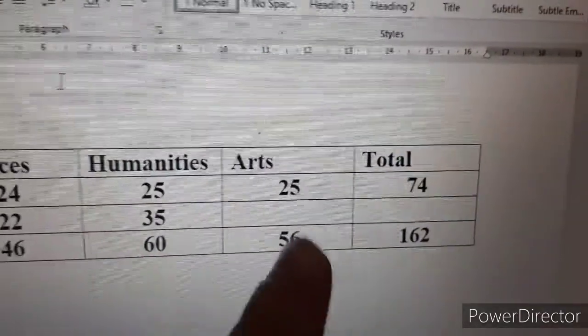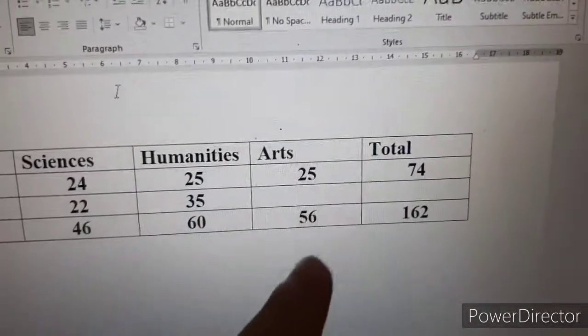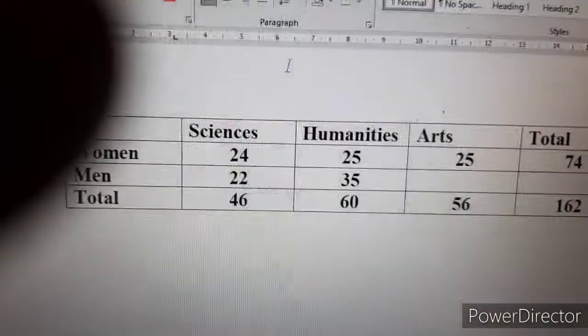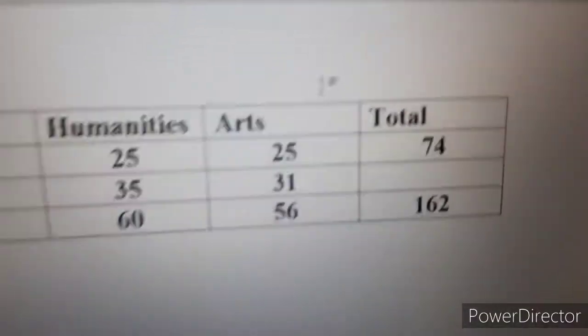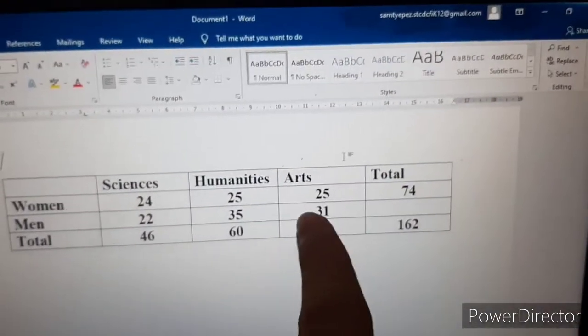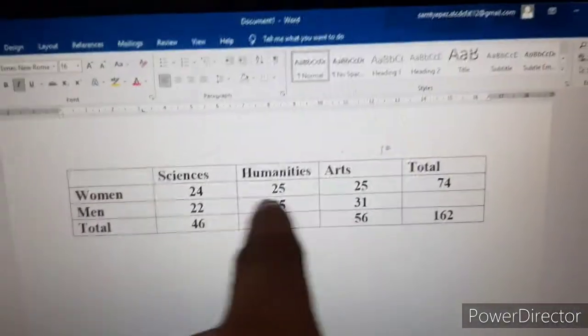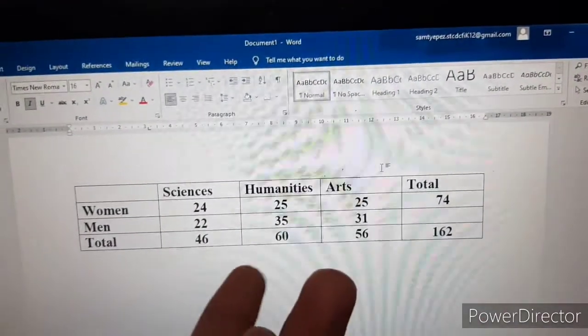And just move on to the arts. For us to find the amount of men here, we're just going to subtract 25 from 56. After that, we would have the number 31. Yes, 31.